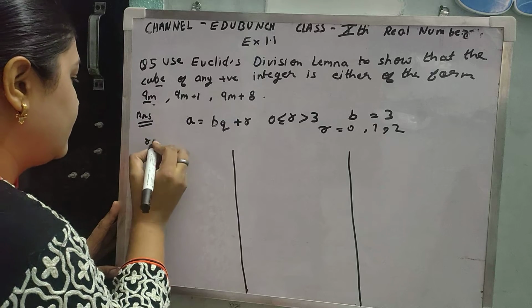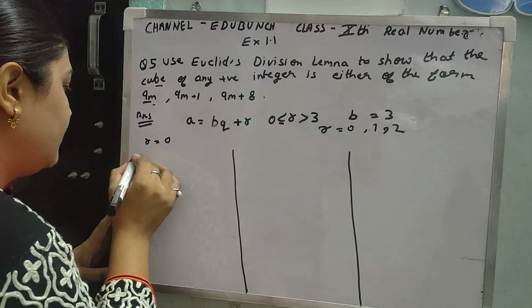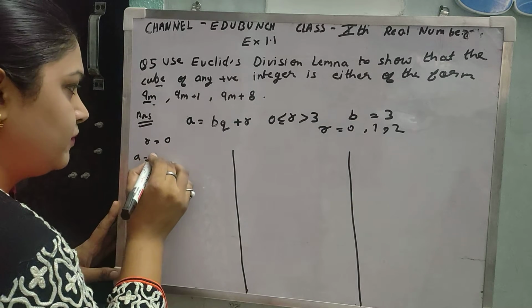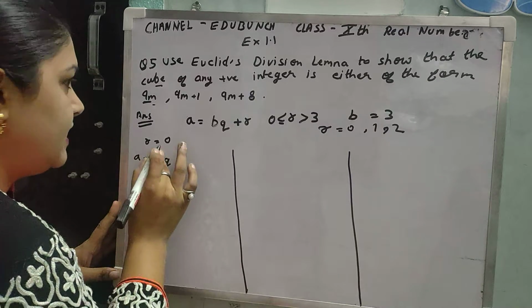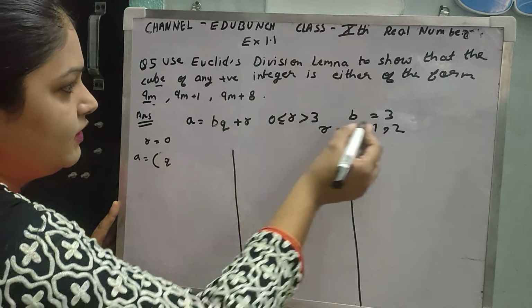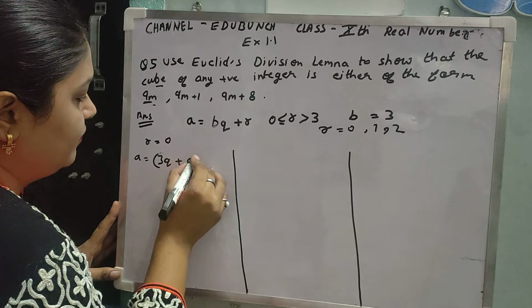Now here r is equal to 0. If r is equal to 0, then a is equal to bq, b is 3, so we write a equals 3q plus 0.